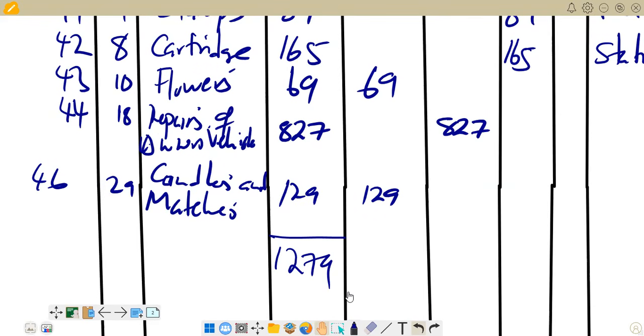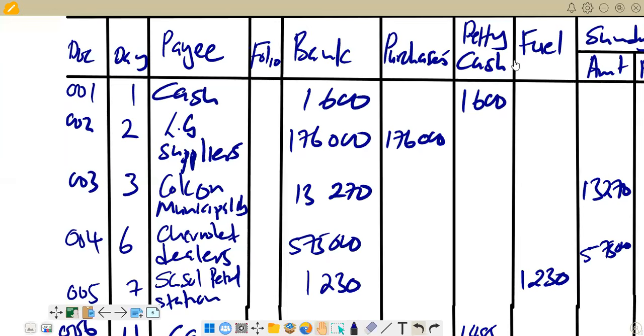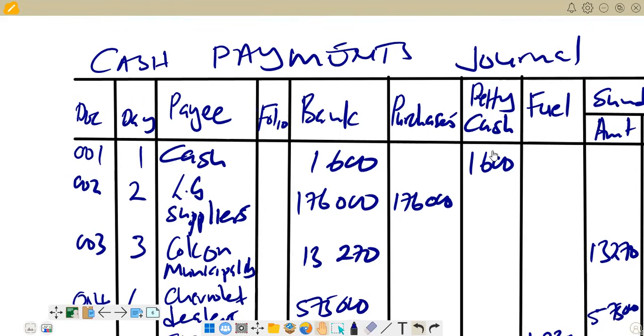So we want to go and see the cash payments journal, the amount that we gave to the petty cashier. What we have under petty cash in the cash payments journal are the ones that go to the debit side of the petty cash account in the ledger. That's how we are going to enter it, and we balance the petty cash later.